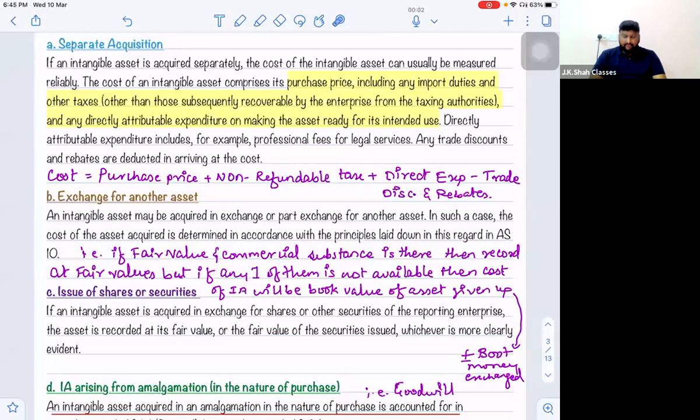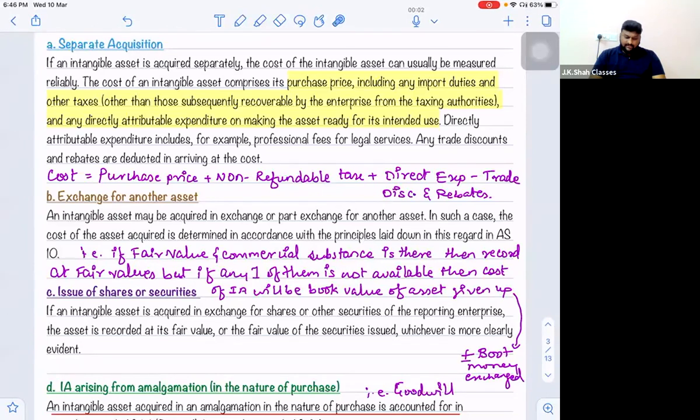Yes, it is definitely possible. Because the condition says that if it is not possible, then we will take the book value plus the boot money. But if both the conditions are satisfied, that is your fair value is also known and there is a commercial substance that is existing, then how will you record in the book, sir?